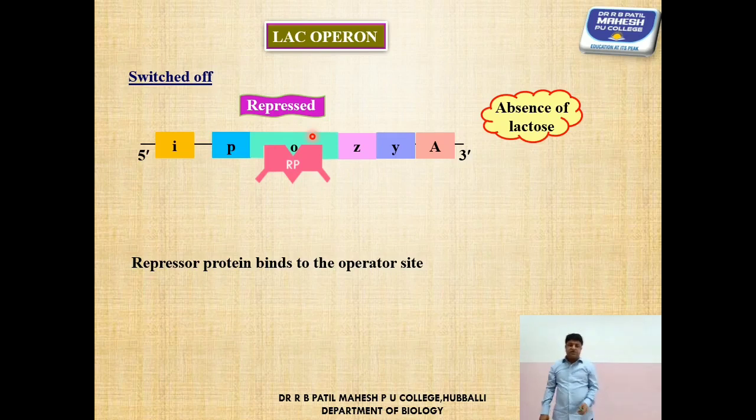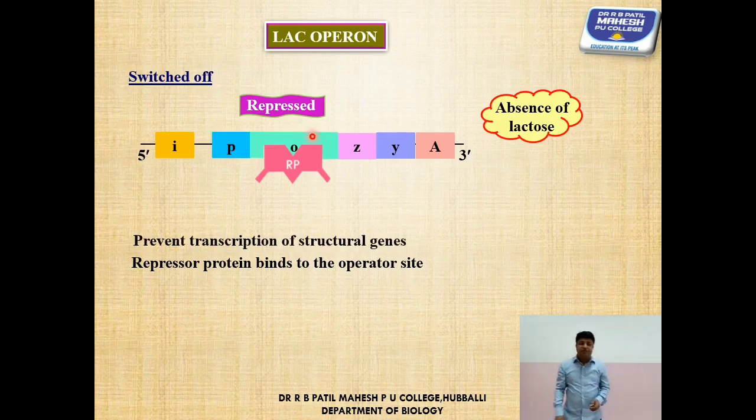So repressor protein binds to the operator site and prevents transcription of structural genes. As a result of this, these structural genes will not synthesize proteins or enzymes.